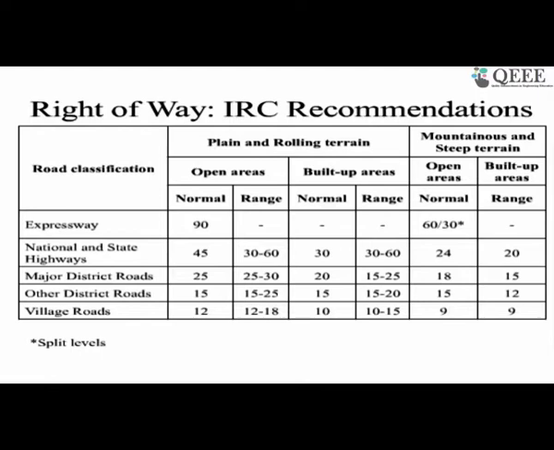In between the two directions there could be a median. If there is a median, it is going to be 1 meter or 1.5 meter, and altogether whatever it adds up to is going to be your total minimum right of way which is needed.